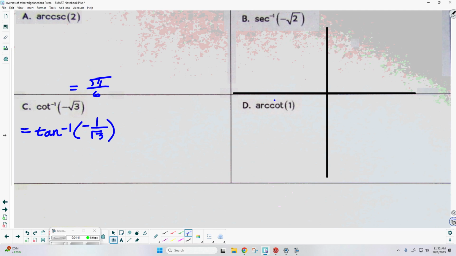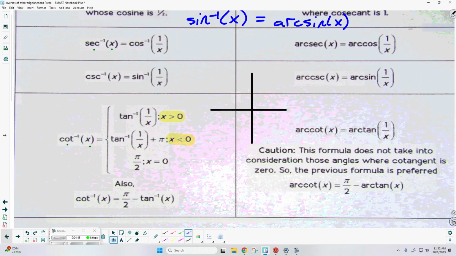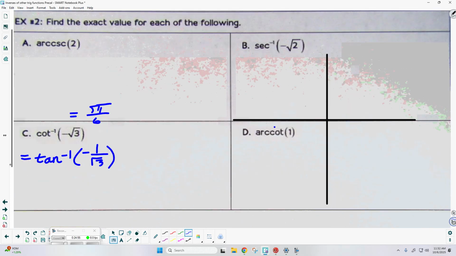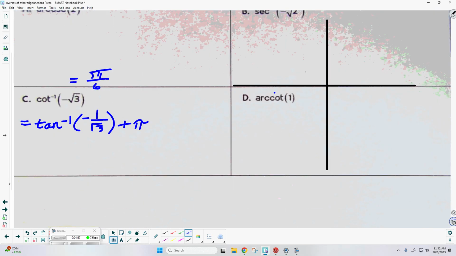I can't help but feel I'm forgetting something. Yes. Okay, this is what I was referring to. Remember, if it's cotangent inverse of a negative, you've got to add pi to whatever you get from the reciprocal. So we can go ahead and rationalize this if we want to. I'm not worried about it. So we'll take care of that plus pi last.